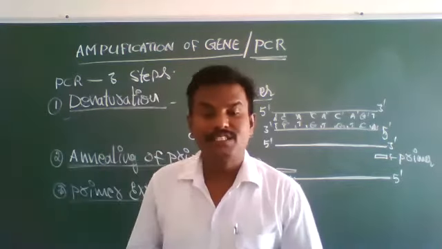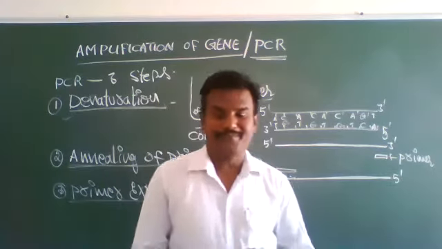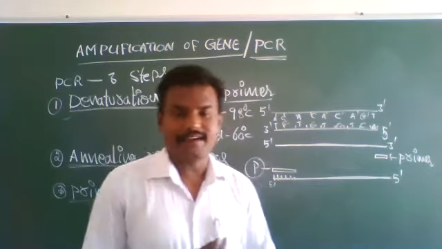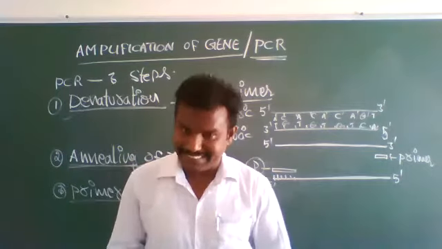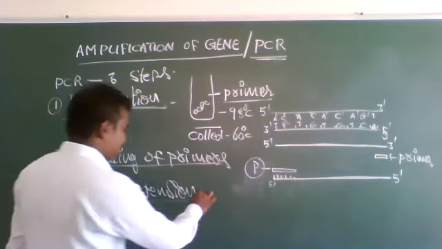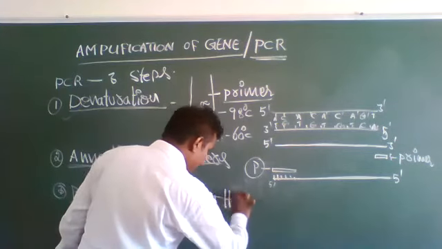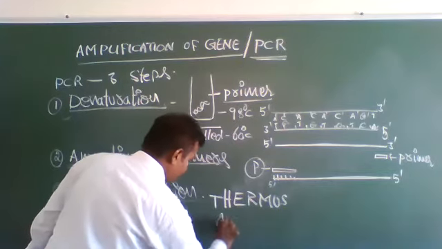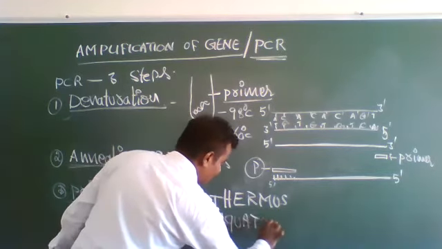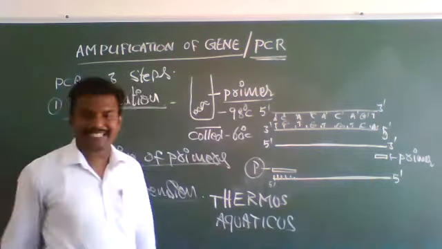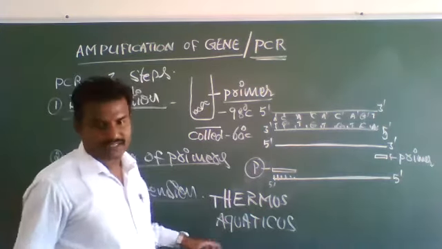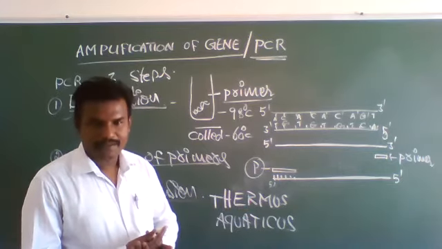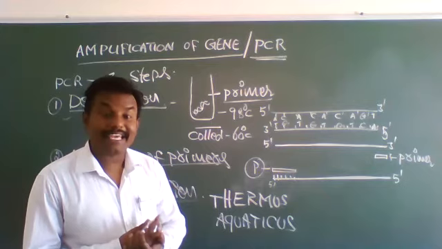Here one heat stable variety of enzyme, a thermostable enzyme, is isolated from the bacteria called Thermus aquaticus. From Thermus aquaticus bacteria, they isolate DNA polymerase.